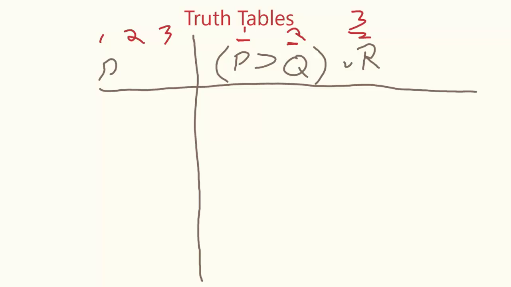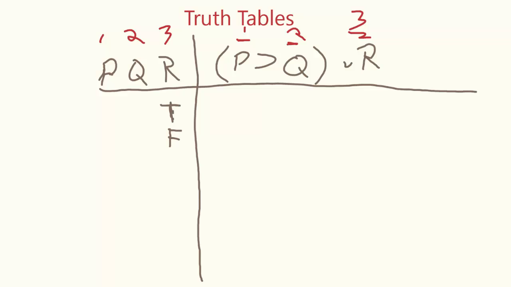So we put P left to right, then Q, then R. Now remember, the purpose of our reference column is to exhaust all the possible combinations of truth that are available to us. So there's that situation in which R is true and the case in which it's false.